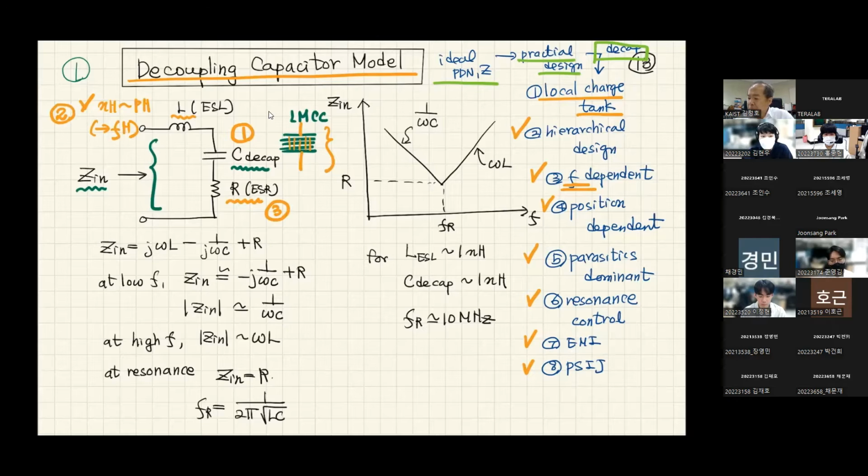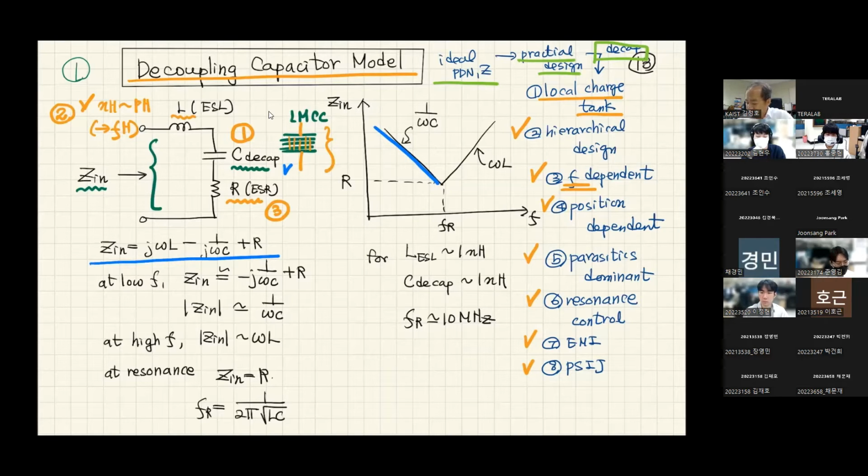If we look at this decoupling capacitor model in a frequency range, we can see that at low frequencies the impedance is dominated by the capacitor, because of the impedance equation.